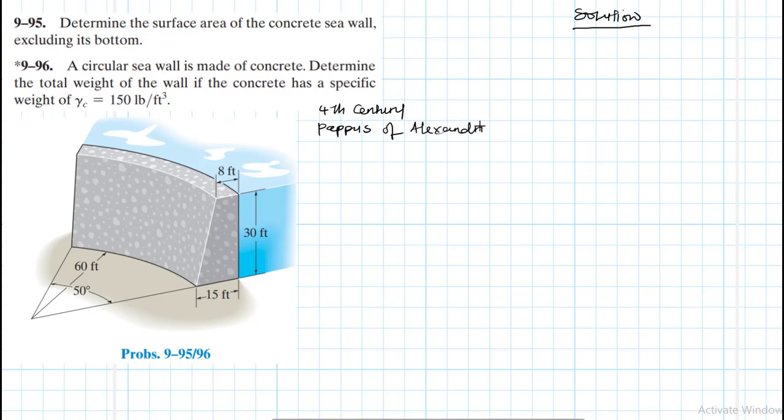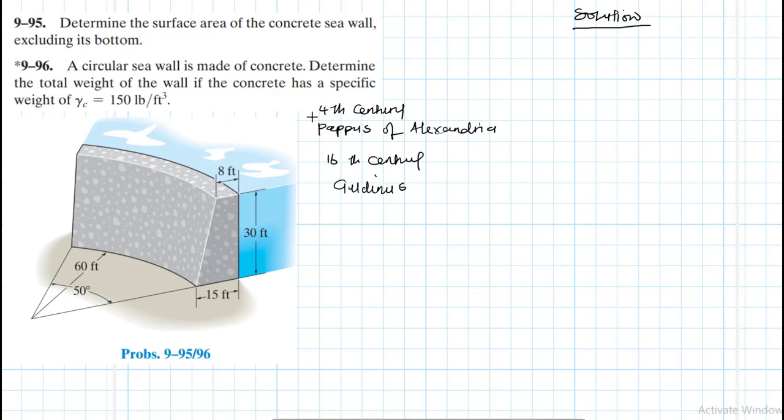Then this same theorem was stated again, or rediscovered, by another person in the 16th century, and his name was Guldinus. Have I pronounced the name correctly? I hope so.